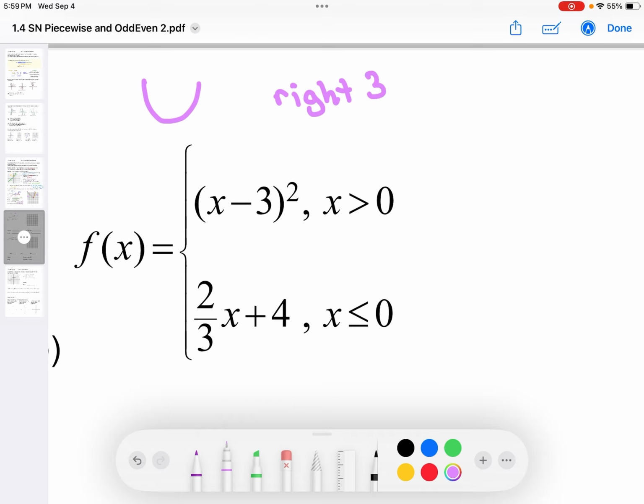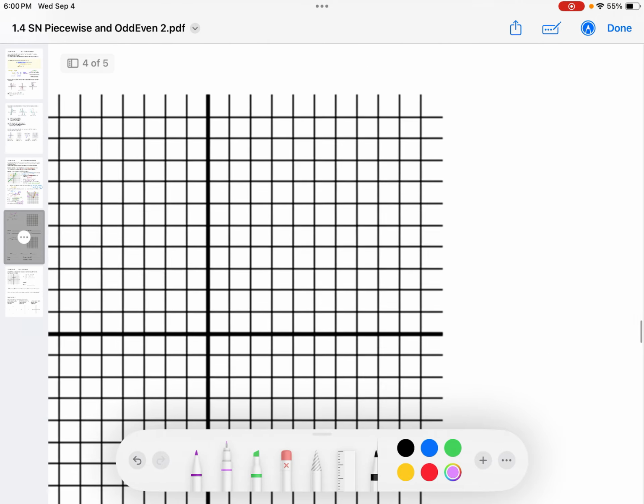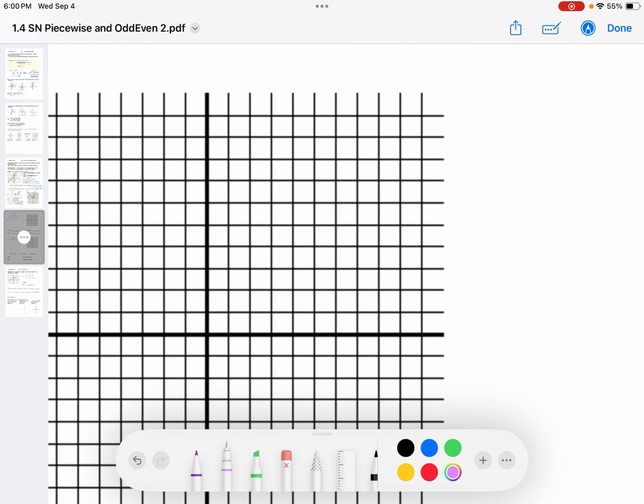Yes, that feels backwards. Inside the parentheses, it does feel backwards. So this vertex of this parabola shifted 3 units to the right. So (3, 0) is our vertex. So we're going to come over here on the graph, plot our vertex at (3, 0).